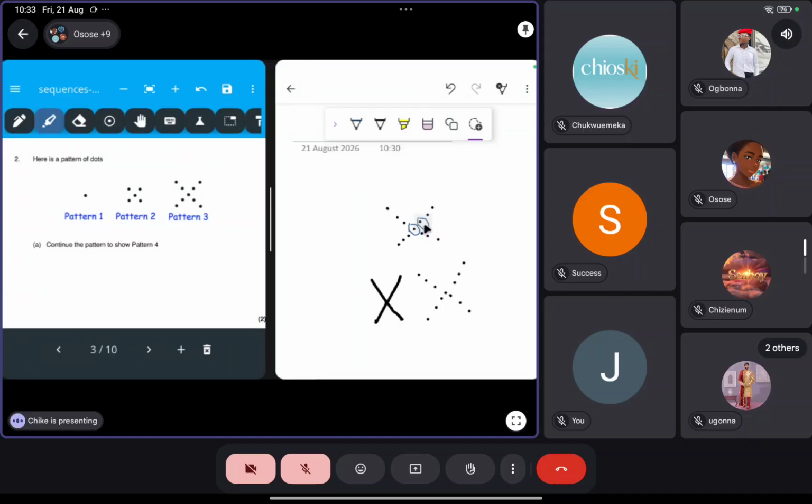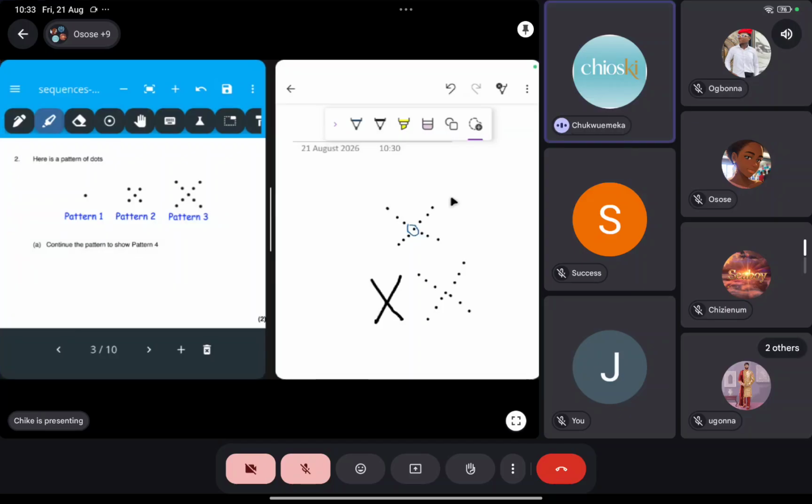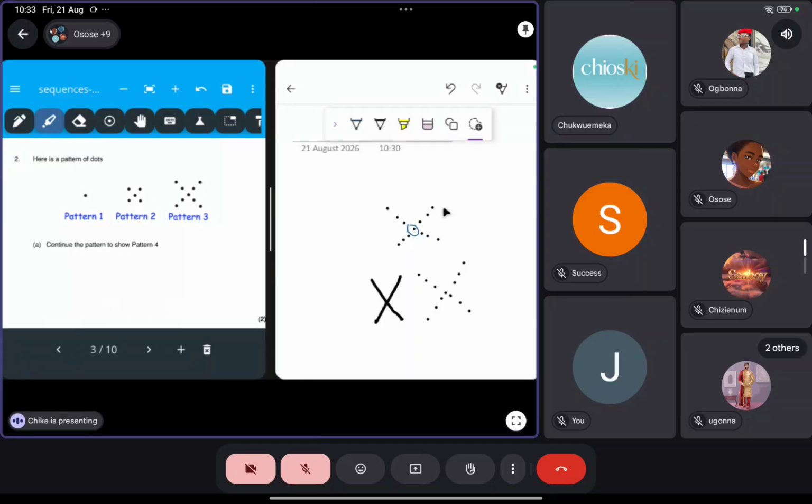So if this is your central dot, what will I do? You said I will add extra 3 or extra 4. Extra 3, sir.